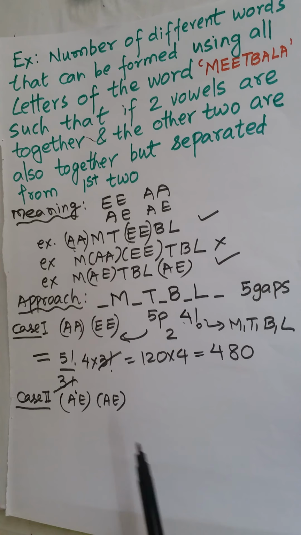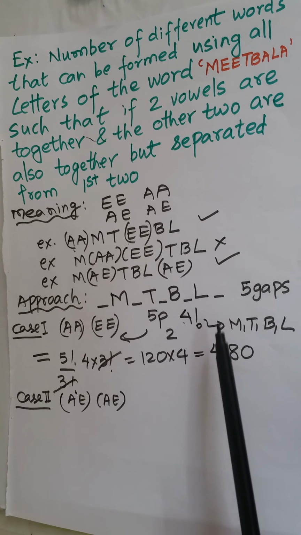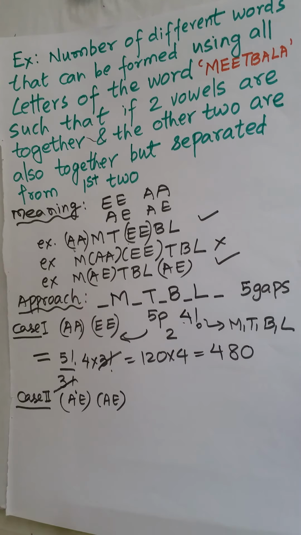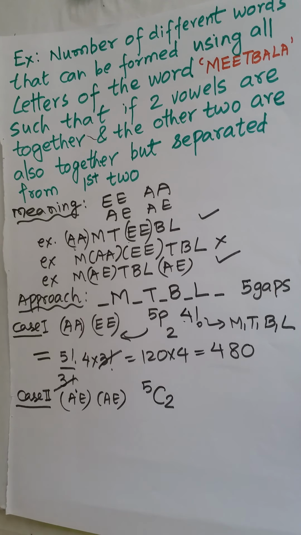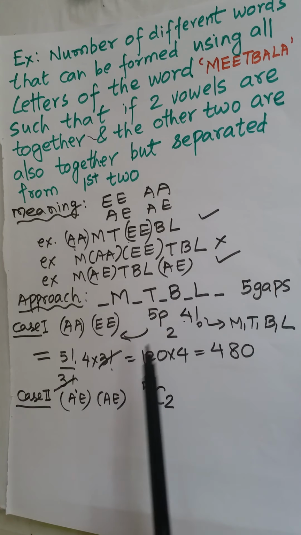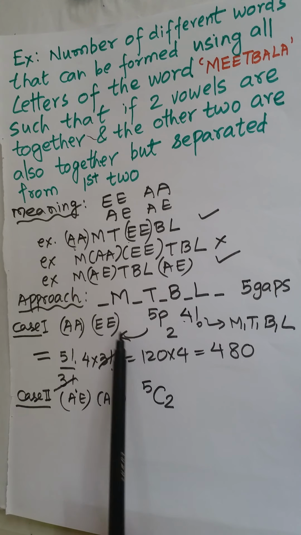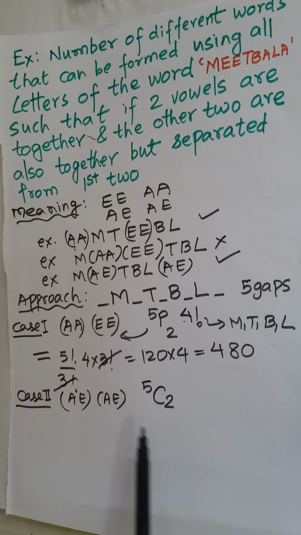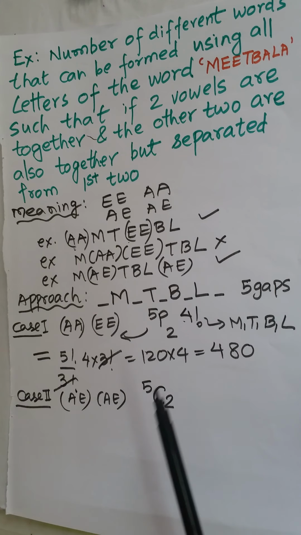Now first, AE can be placed in these 5 gaps in how many ways? 5P2 or 5C2? The answer is 5C2. Why? Because of 5 distinct gaps, we choose only 2, and since the AE pairs are identical, P2 won't come; only selection is sufficient.